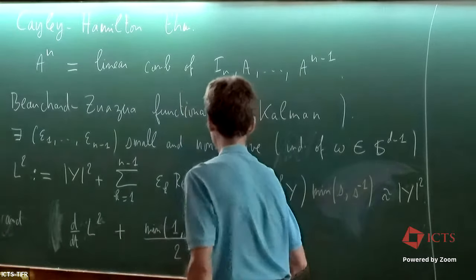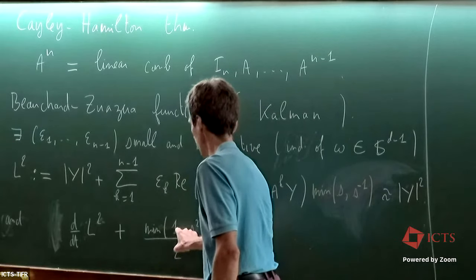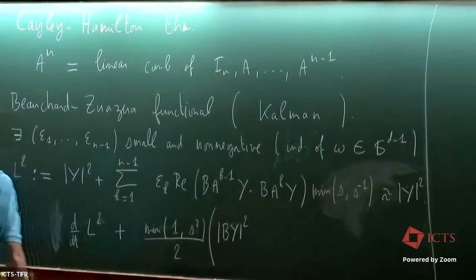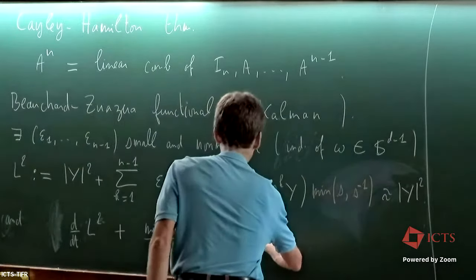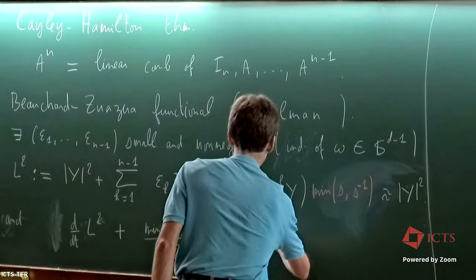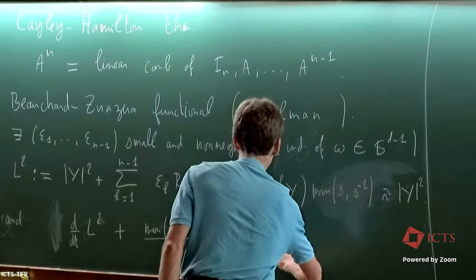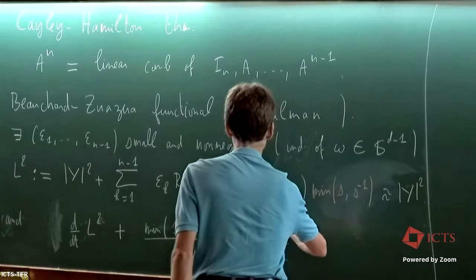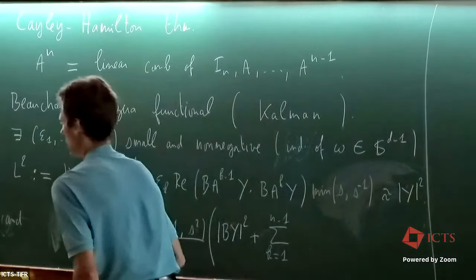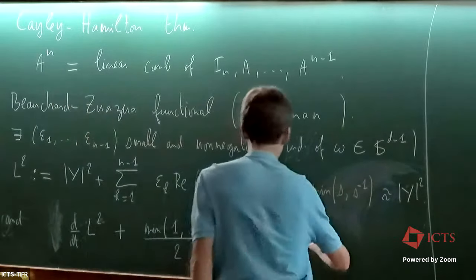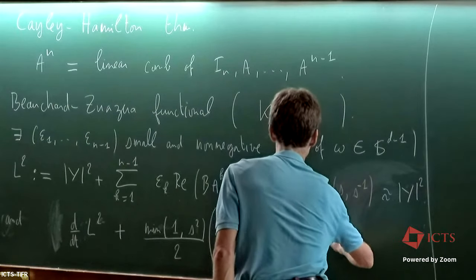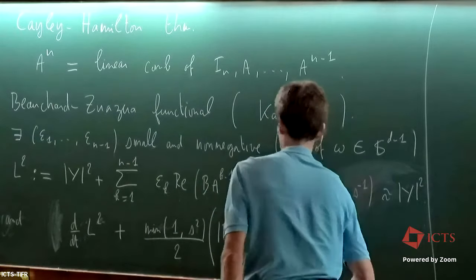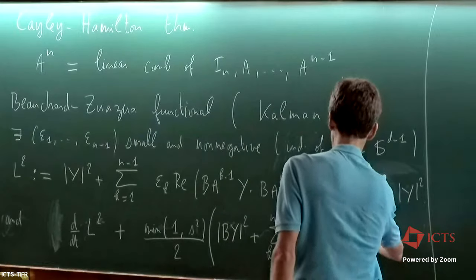So you understand why I put 1/2, because it cannot be greater than 1 because you start with 1 here, but you lost something because you had to kill all the terms. And then there is all the other terms. So from k equal 1 to n minus 1, and of b k y square. So all this is smaller than 0.